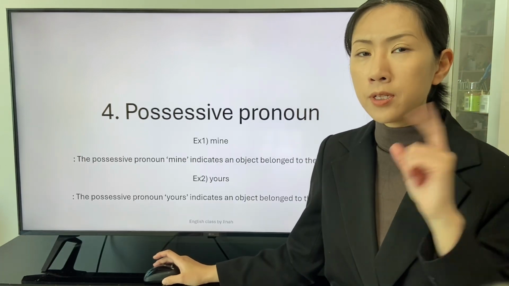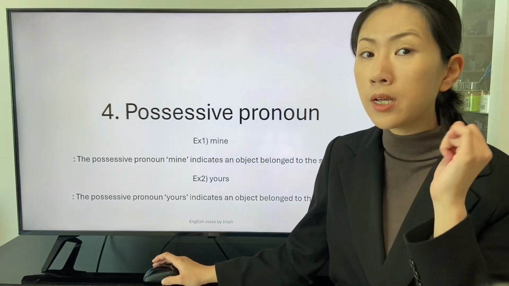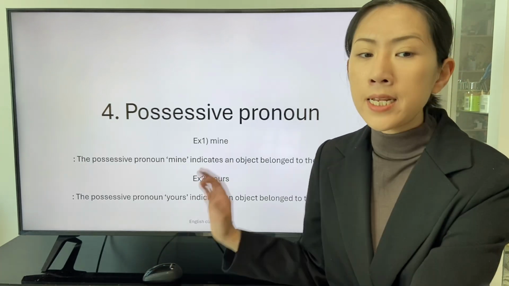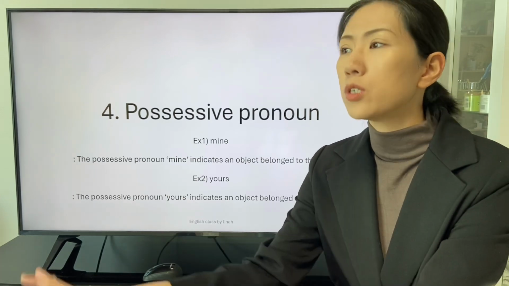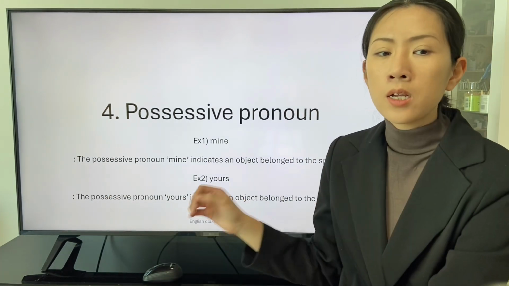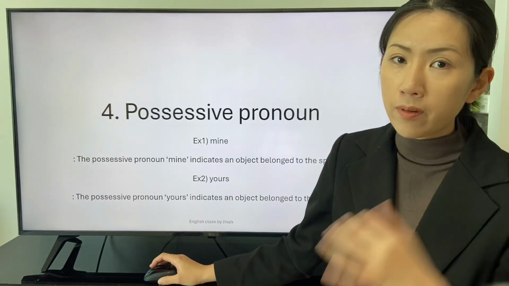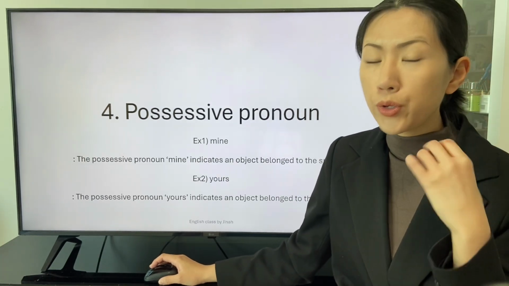The first example of possessive pronoun is mine. The possessive pronoun mine indicates an object belonging to the speaker. The second example of possessive pronoun is yours.